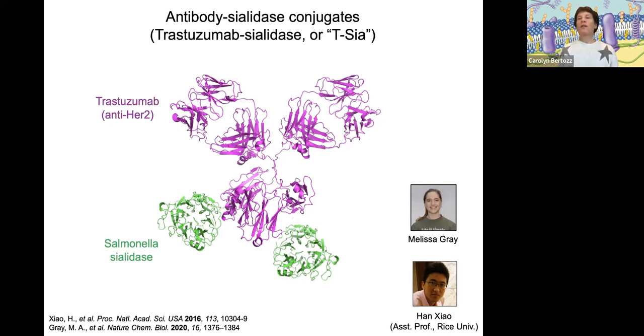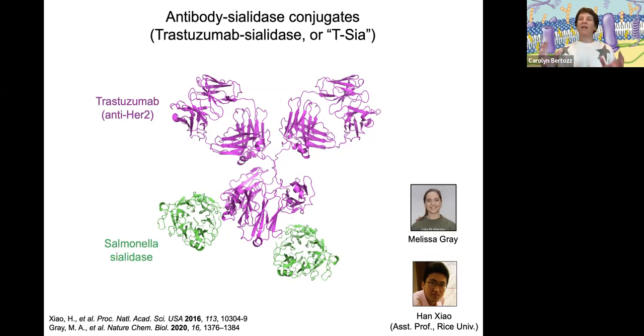So the first prototype molecule we made that was an antibody-sialidase conjugate used the antibody trastuzumab, which is in the drug Herceptin, and it's Genentech's antibody that binds to HER2, already an approved drug for treatment of certain breast cancers and gastric cancers. And we fused to trastuzumab the sialidase from a bacterium, Salmonella.